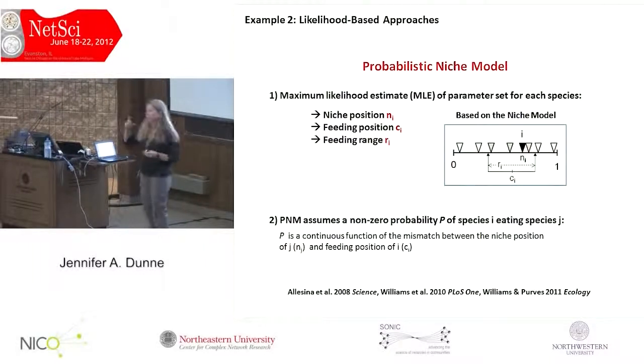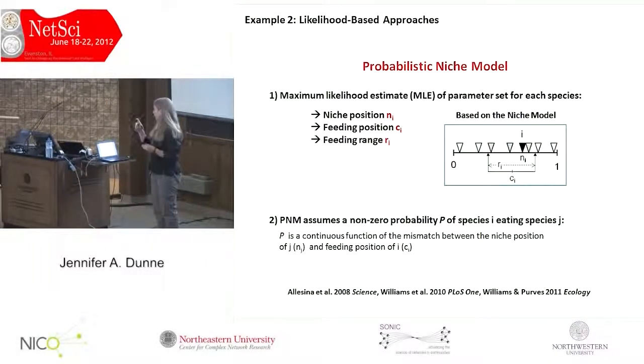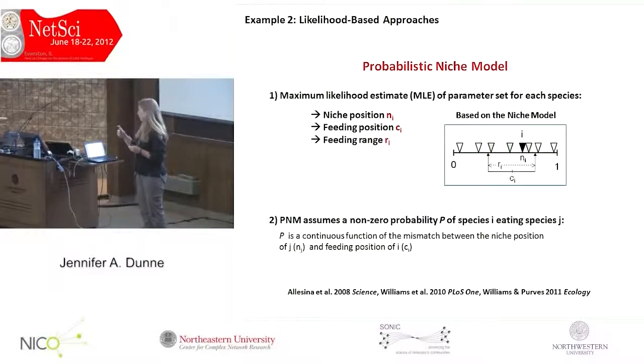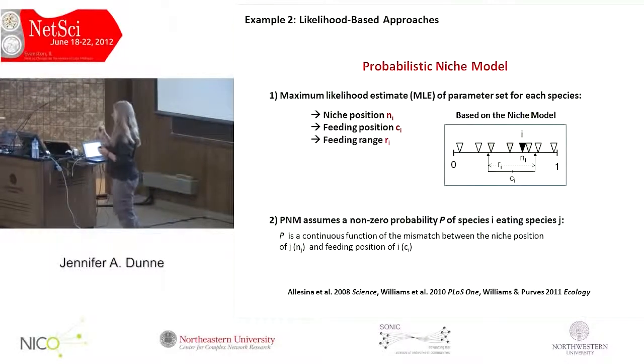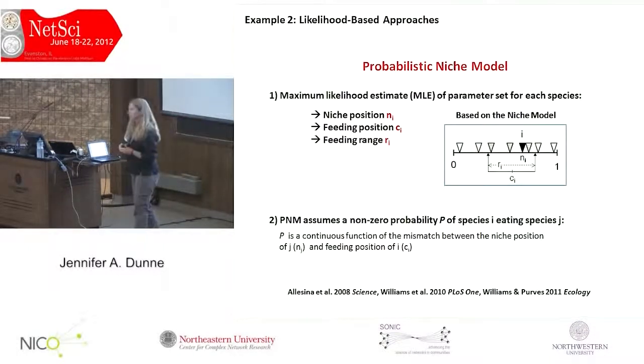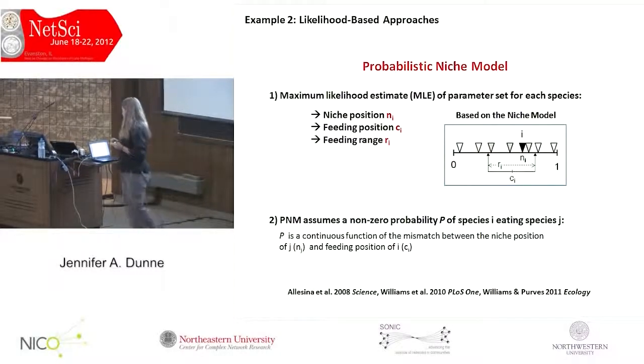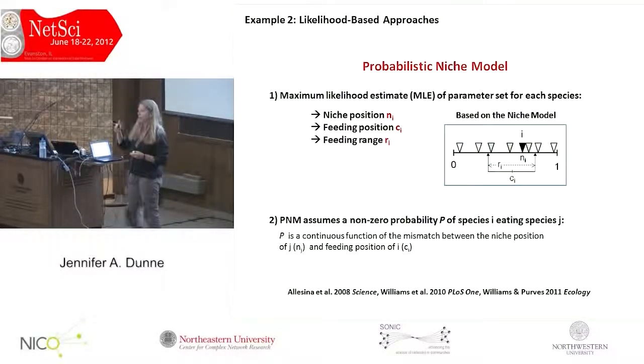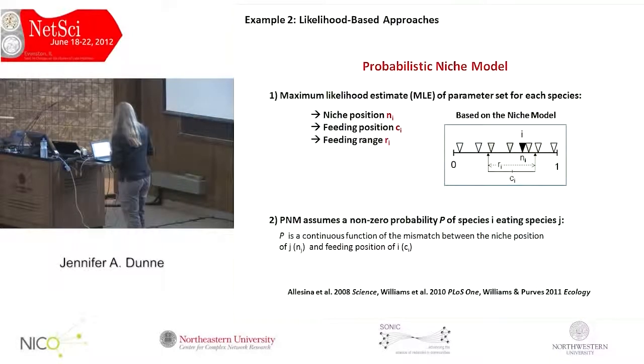It's based on the niche model, so it's looking at those parameters: the niche position, the feeding position, and the feeding range for each species in the network. The PNM, the probabilistic niche model, assumes a non-zero probability of species I eating species J, depending on the mismatch between the niche position of the species being eaten and the feeding position of the species doing the eating.